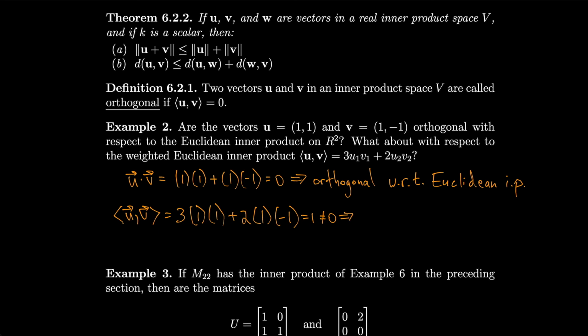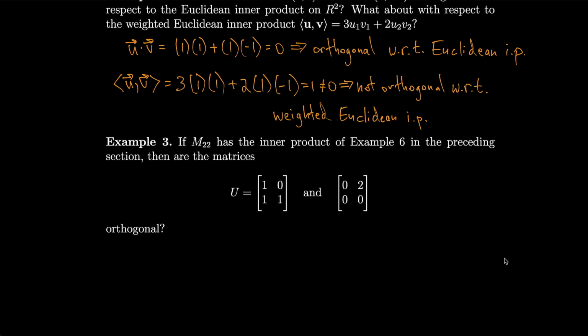So that implies that these vectors are not orthogonal with respect to the weighted Euclidean inner product that was given here. So orthogonality depends very heavily on the inner product that is given or chosen.